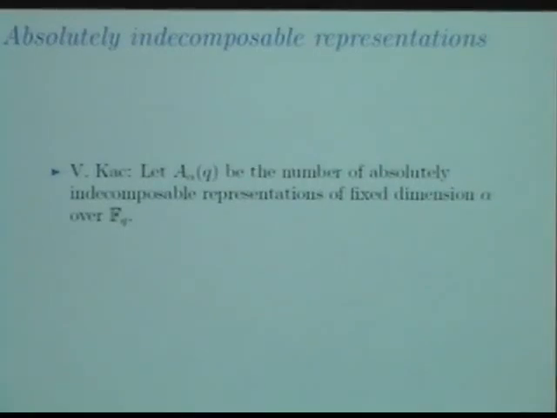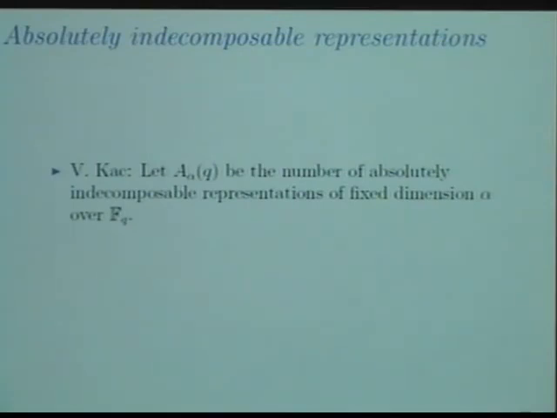And so Victor Kac proved that if you look at the representations of a quiver over a finite field F_q, in order to make a meaningful count, you want to count things that are absolutely indecomposable. What I mean by that is that even after passing to the algebraic closure of F_q, the representation doesn't break up as a sum of two others.